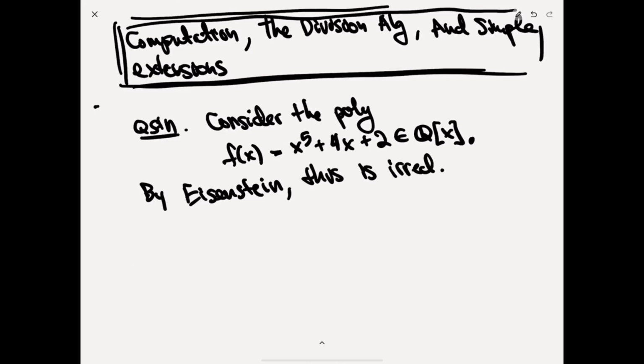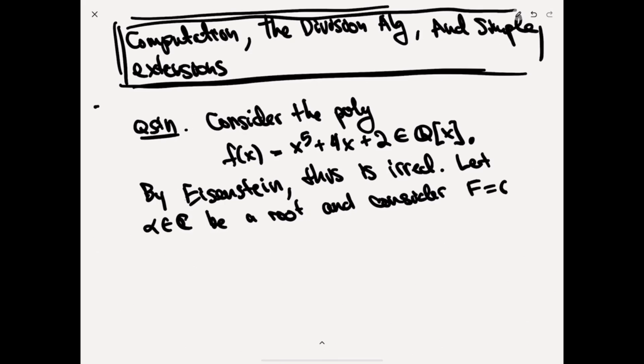Okay, and so we can consider, let alpha be a root, let's say in the complex numbers. And consider this field F, which is Q adjoin alpha, the simple extension.